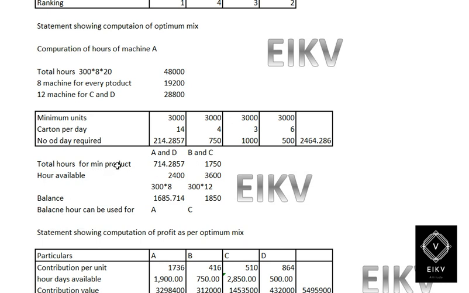The total days for minimum production will be 714.2 for A and D, and for B and C it will be 1750.